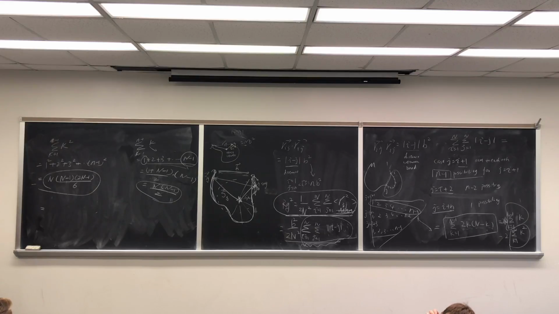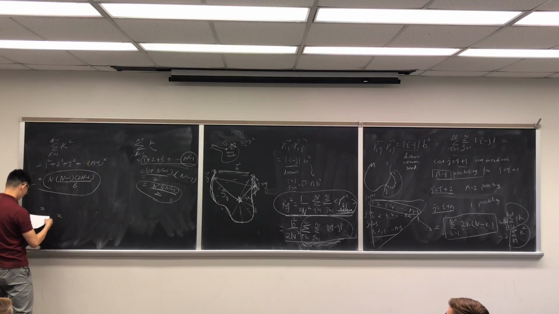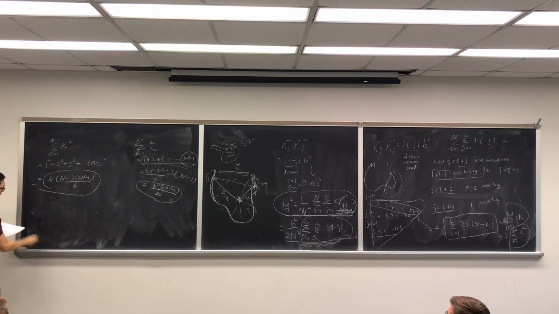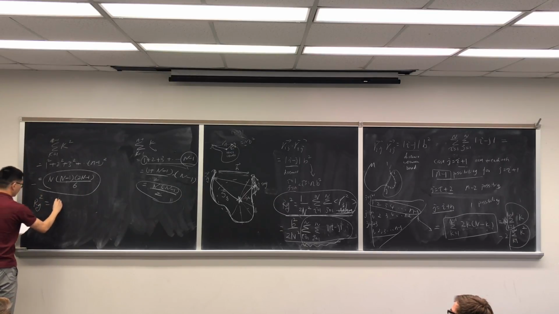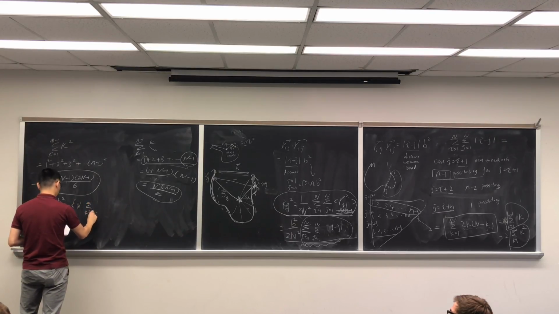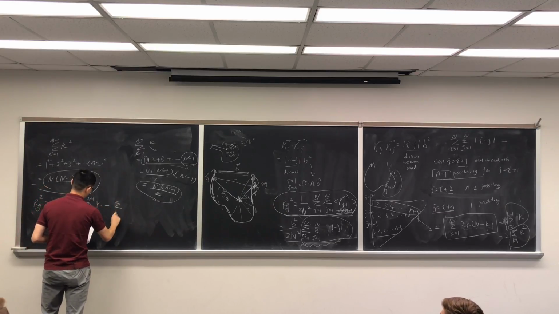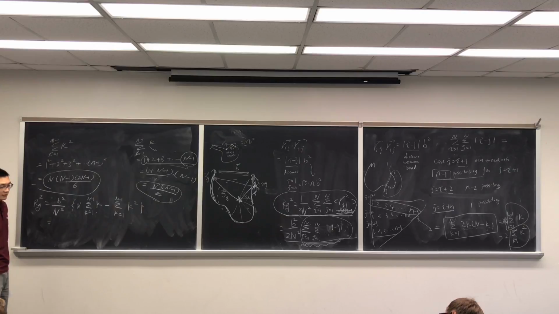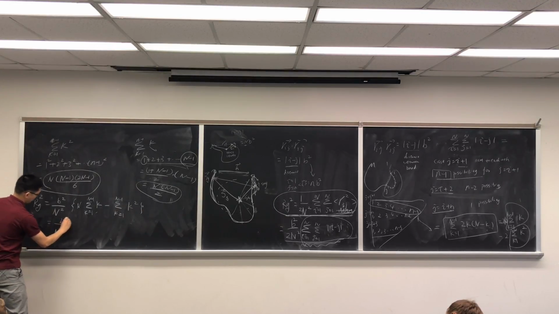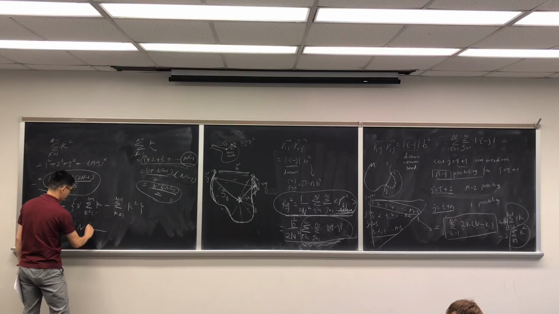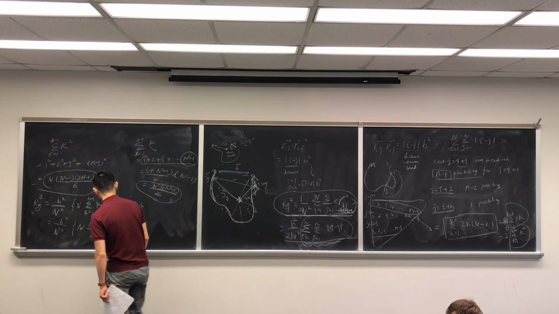The first part is 2, let me do this. And we know what the value would be, n(n minus 1).